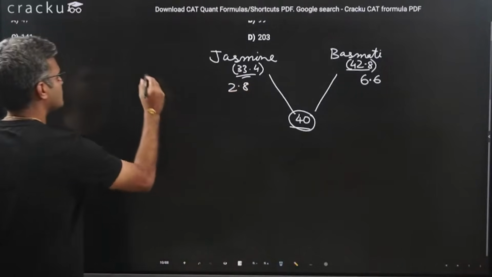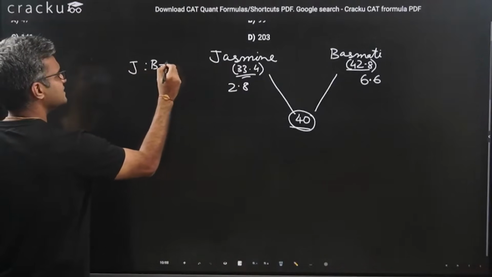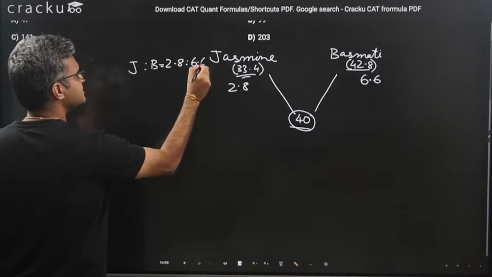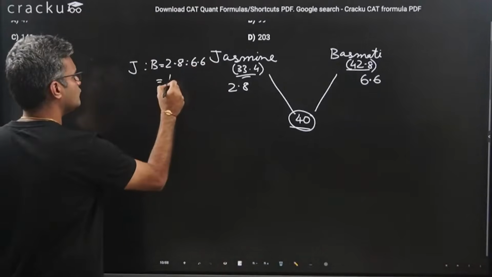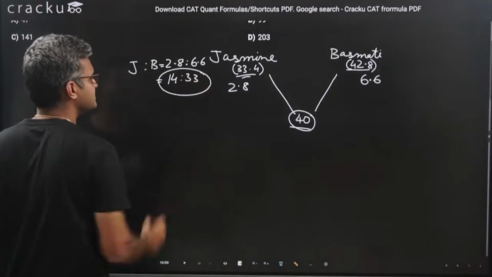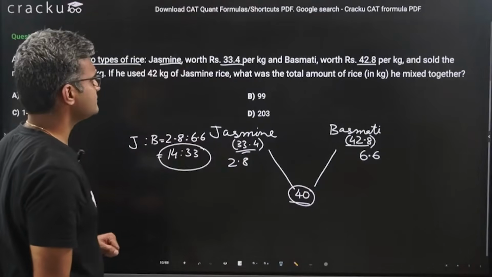So what is the ratio of Jasmine to Basmati? That equals 2.8 is to 6.6. If you multiply both by 5, this equals 14 is to 33. This is the required ratio of Jasmine to Basmati.